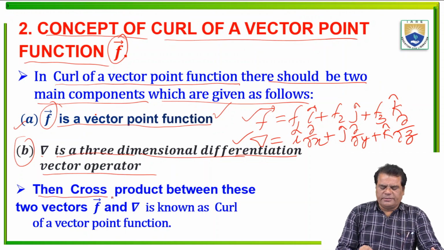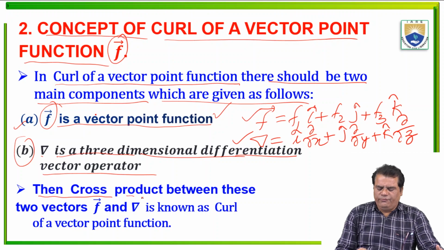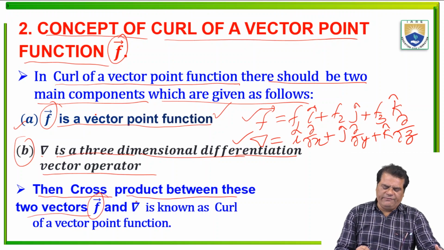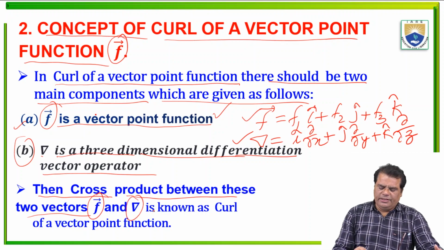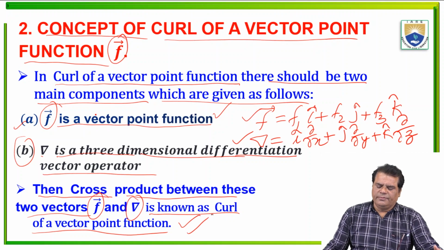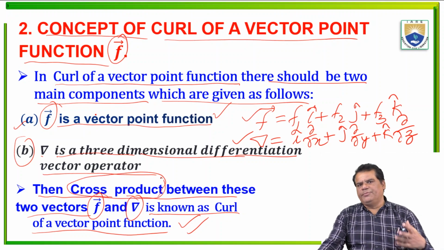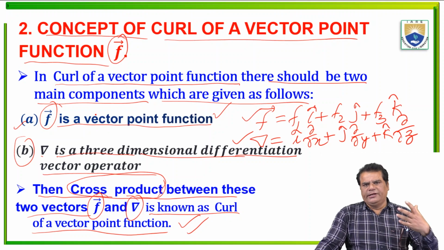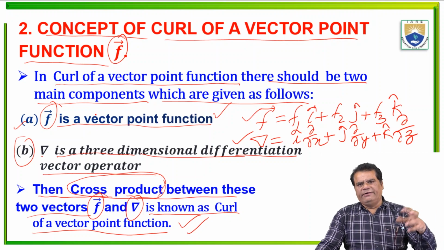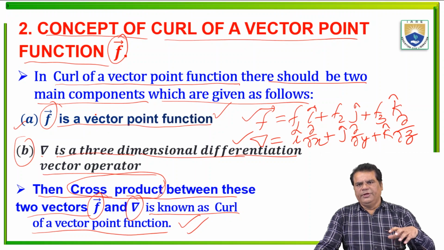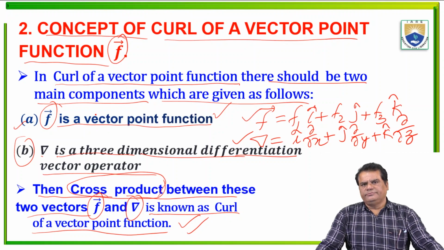Then taking the cross product between these two vectors, f vector and del vector, is known as the curl of a vector point function. Here we are taking the cross product. This is important. In the last topic, we took the dot product between del and f, but now we will take the cross product.